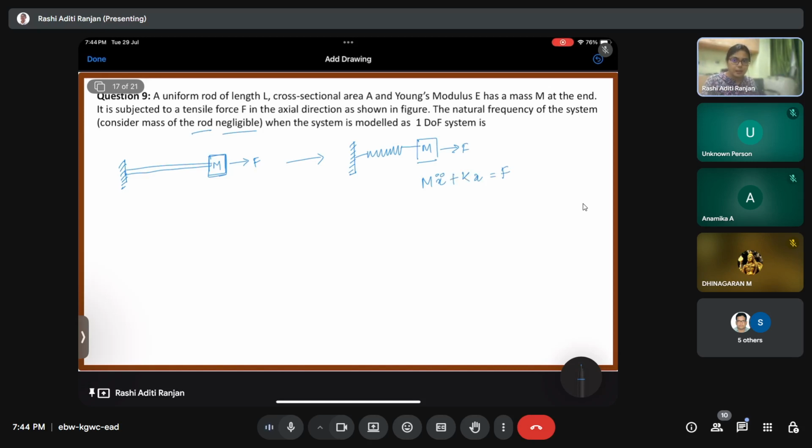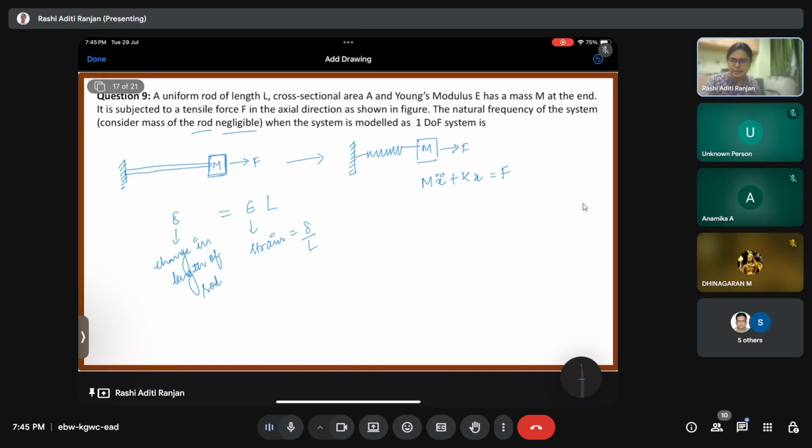I don't have any idea about K. So if you remember, in case of such kind of a system, if I write delta, where delta is the change in length of rod, it is going to be nothing but epsilon into L, where this is the strain, which is nothing but delta by L.